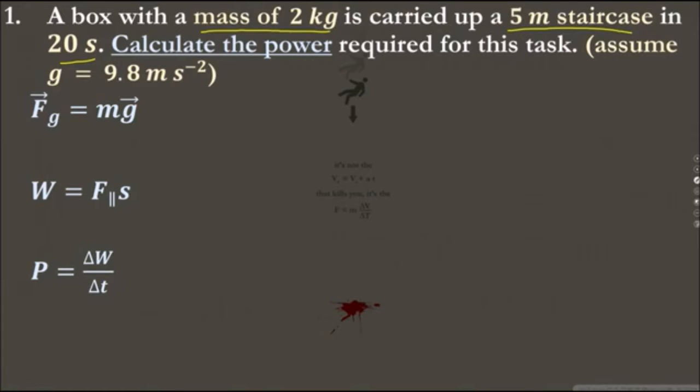We're trying to work out work done to find power. Now work done is given by the parallel force times displacement. Our box is being shifted up, so it's going up like so. And assuming we're not looking into angles, the mass is 2, so m is 2.